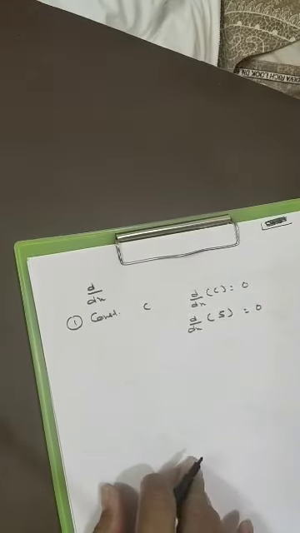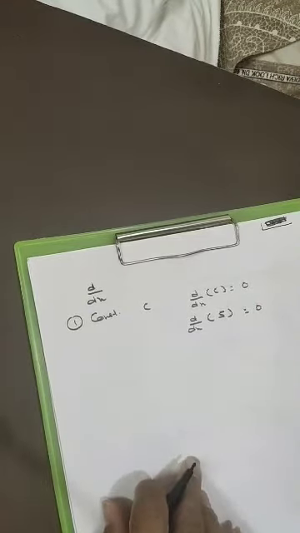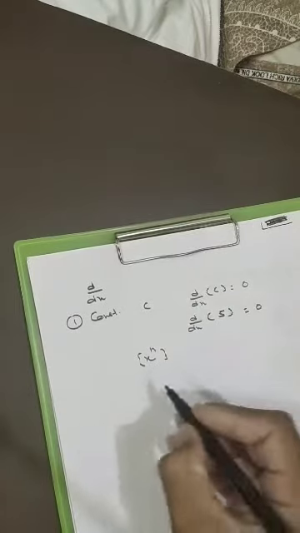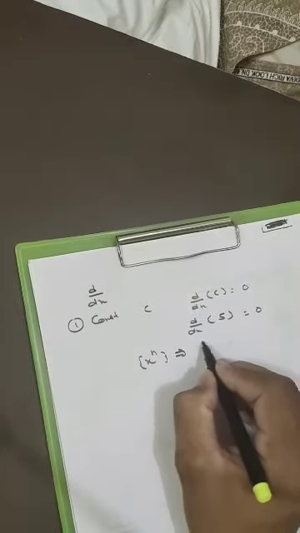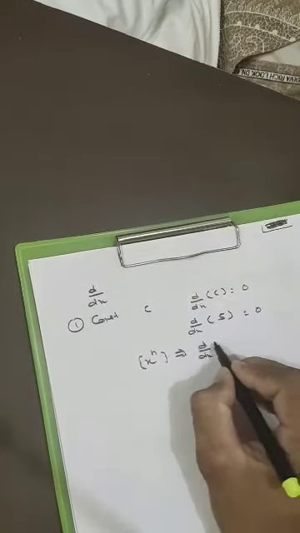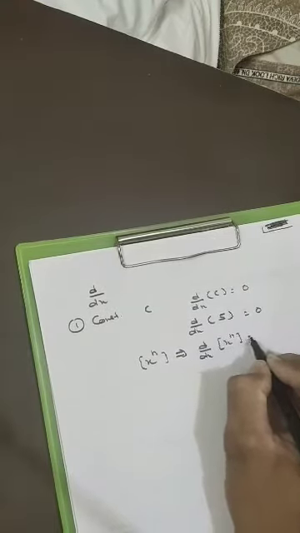Second thing, if there is some variable, for example x raised to power n, and we want to find the differentiation of this term, what we will do is d by dx of x raised to power n.